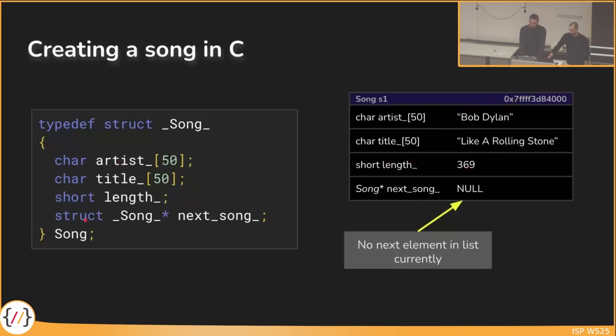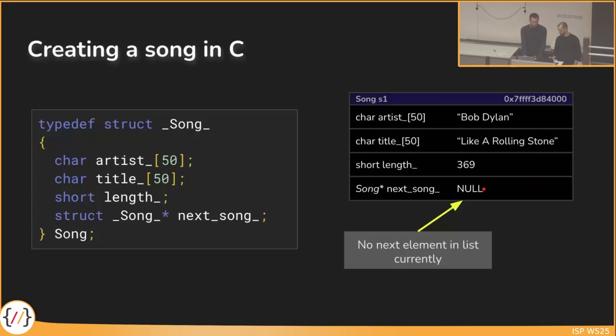So what we have to have in our struct now, besides the artist, the length, and the title, is a pointer to a struct song, a pointer to the next song. And as you can see here, this could be null if there's no further song in the playlist, but if there is a next song, then we would have here the address of this next song.